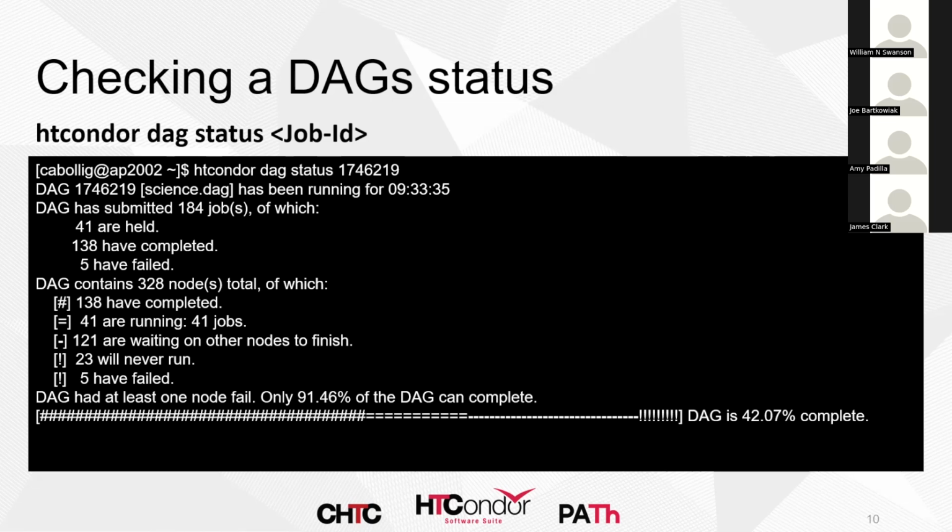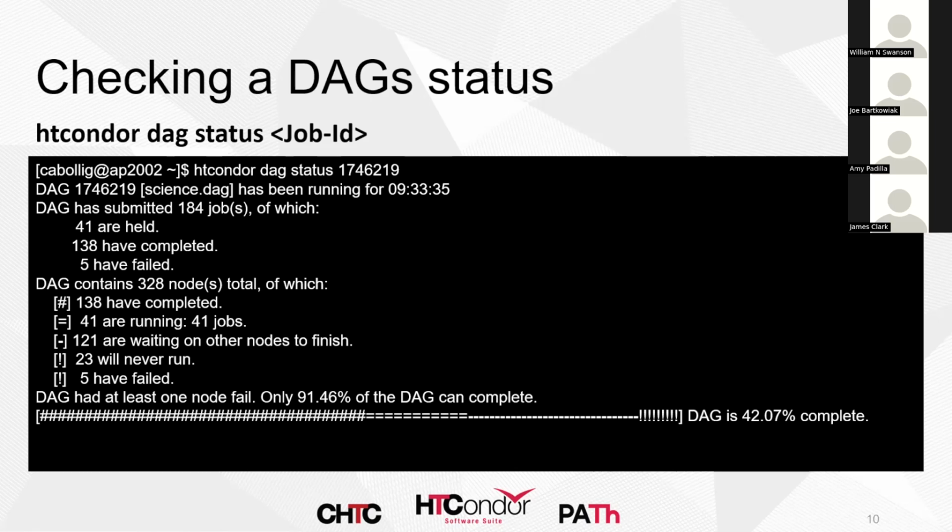We needed to split this out. And this has the same sort of counts, 138 nodes have completed, 41 are running. This is split up to say 41 jobs because scripts complicate things, but we'll get there in a moment. We got 100. This tells you how many nodes are actually waiting on dependencies to complete. This is also nice. 23 nodes will never run.